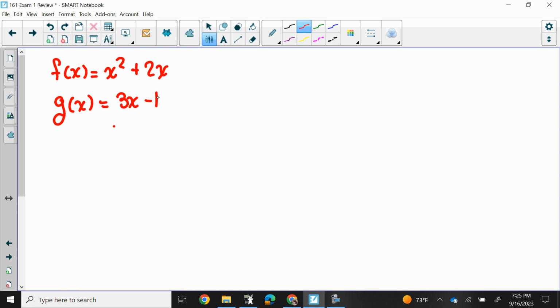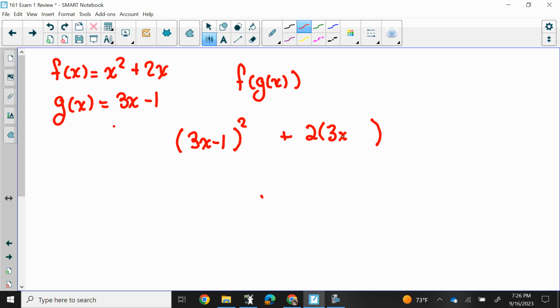All right, and they're going to say, what is f of g of x, right? So what that means is I write out f of x, and I just leave blanks for what's in there, right? So plus 2 times whatever x is. Now, in the place of x, I'm going to put 3x minus 1, and then I simplify, okay?